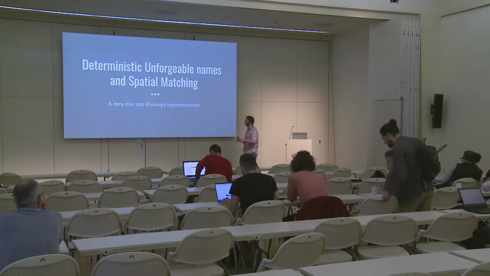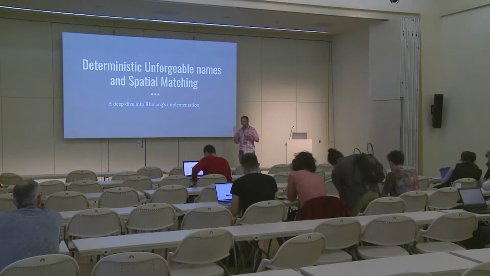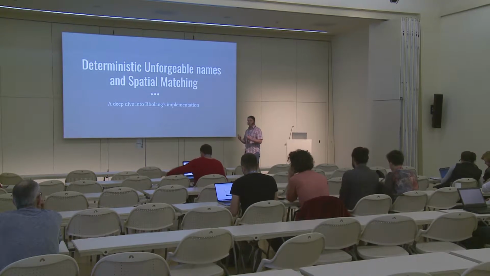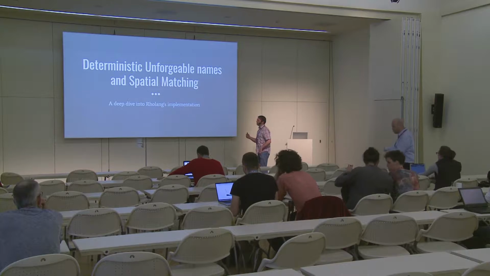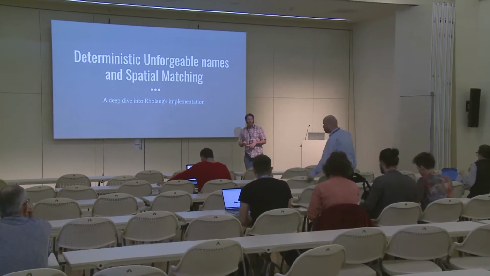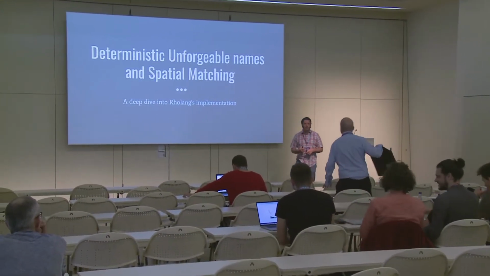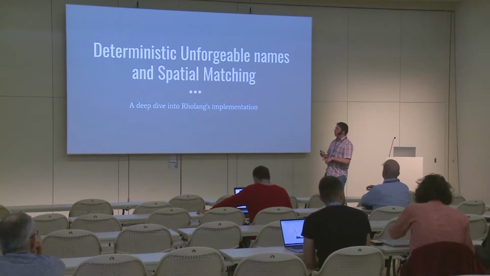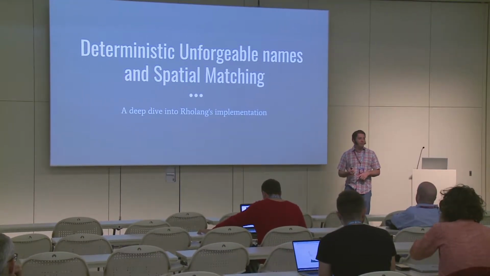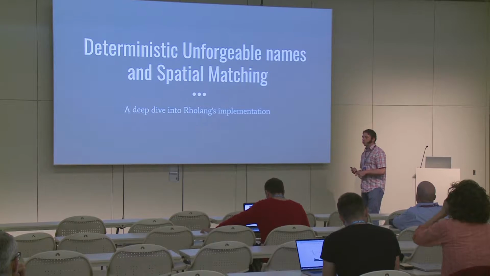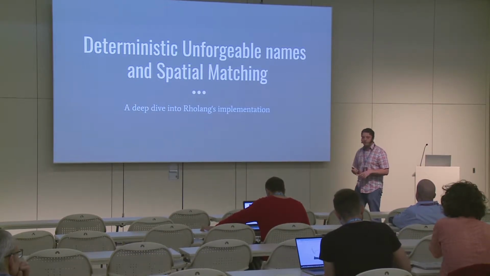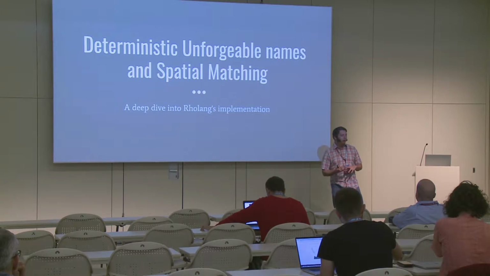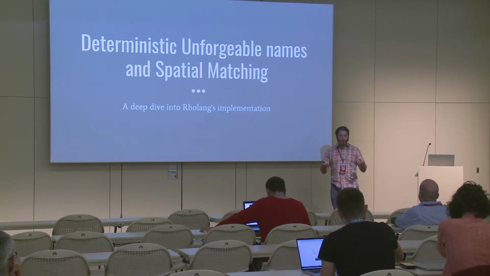We're going to talk about some of the advanced features and implementation details of Rholang. Specifically, I was asked to focus on deterministic unforgeable names, to help people get a better understanding of them, and then spatial matching. Hopefully you know something about unforgeable names.